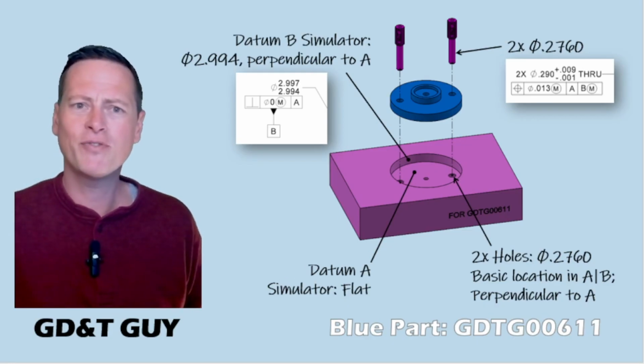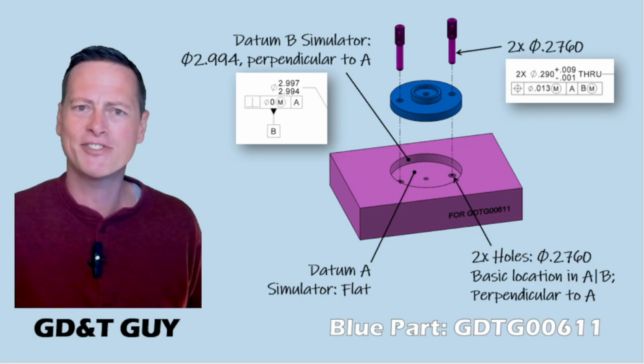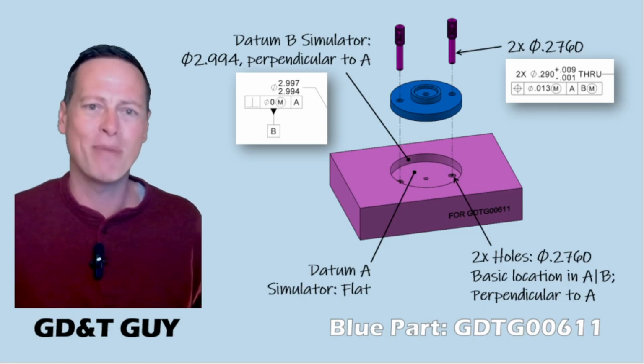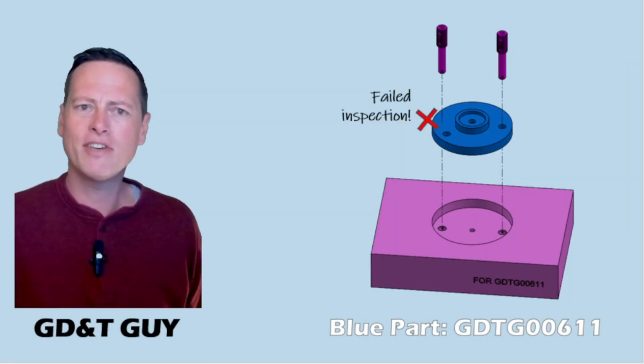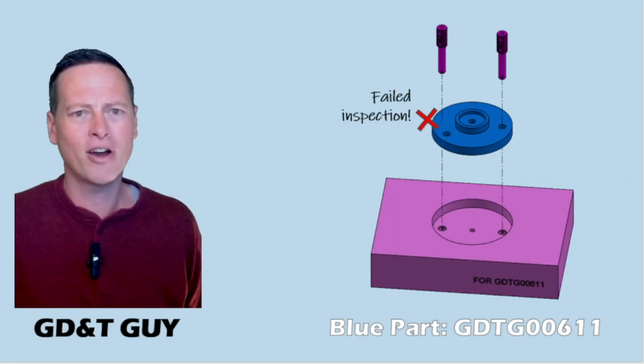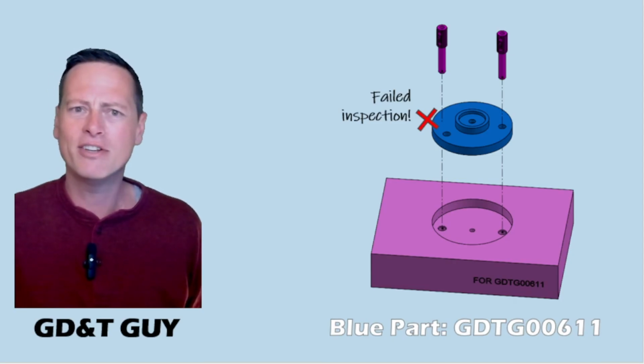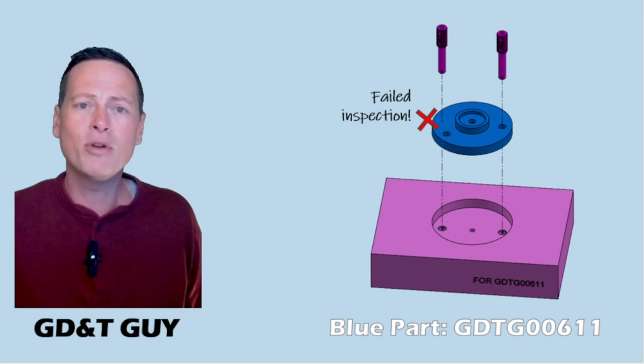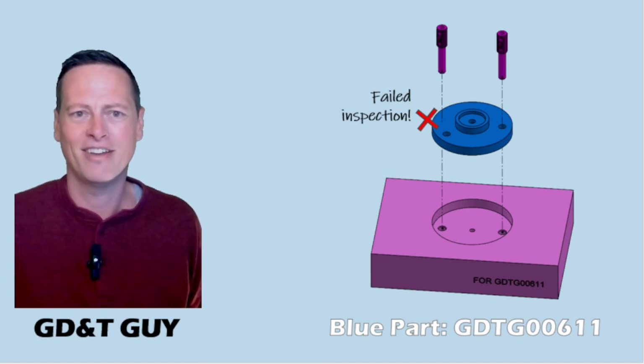The gauge pins fit into holes of that same exact size, and the holes are in the exact basic location as we have depicted on the drawing with our basic dimensions. And that means if we were delivered the manufactured part we were worried about with the uncontrolled rotational positions of the .290 holes, it wouldn't work with this gauge, and it would be considered non-conforming, a fail.